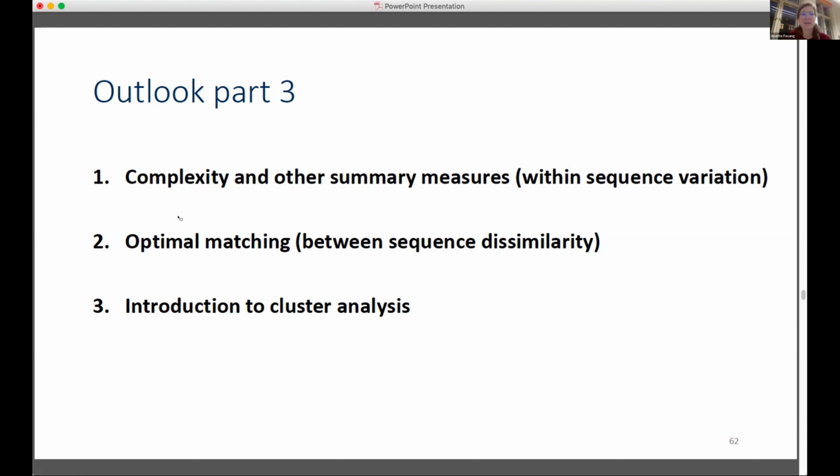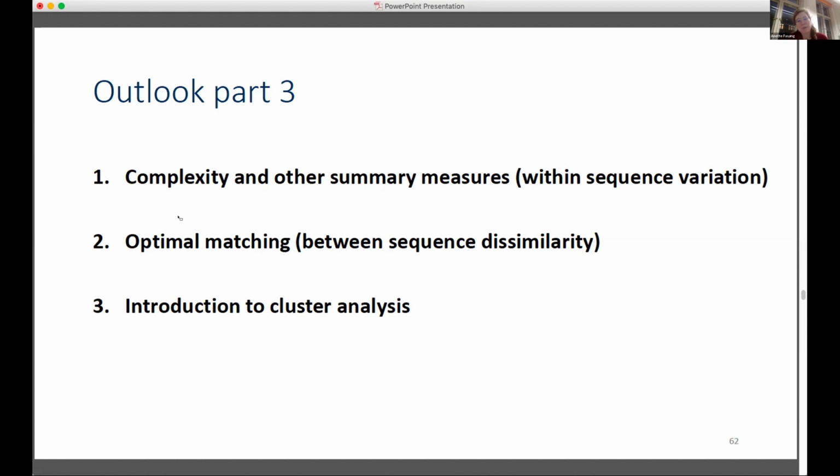But the point is here I am somehow trying to summarize the structure, how many transitions, how much do durations in different states vary, how precarious or unstable is this individual sequence. And we come up with one value for each individual sequence. And then these values can easily be used, for example, as dependent variables in a regression model.